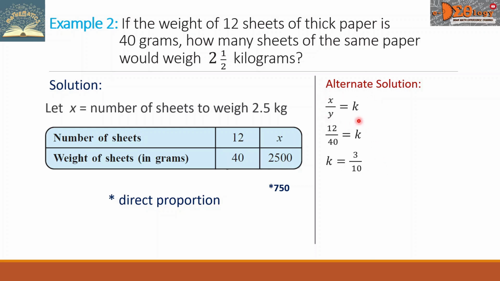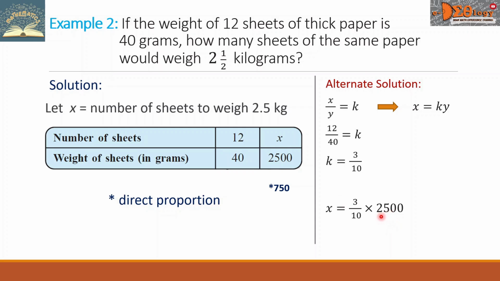Now look at our formula here. Note that we can show that x is equal to k times y. Using this modified formula, we will now substitute the value of k and the value of y respectively to get the value of x. So x is equal to k, that is 3 over 10, times y, that is 2,500.